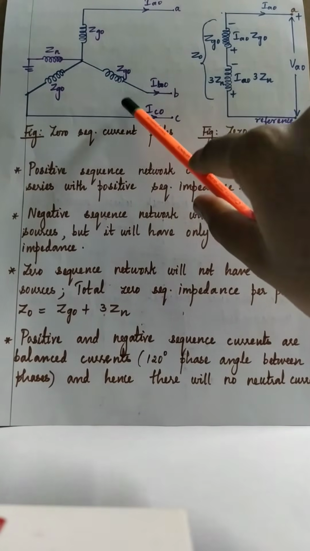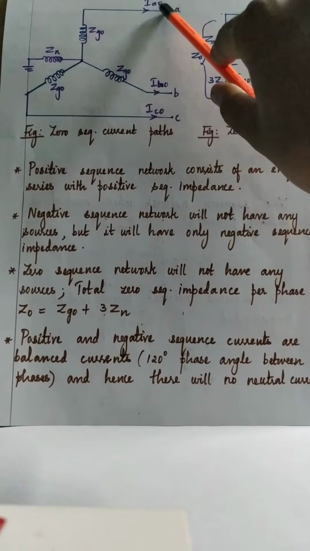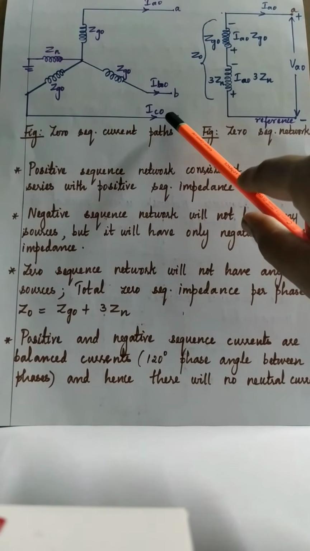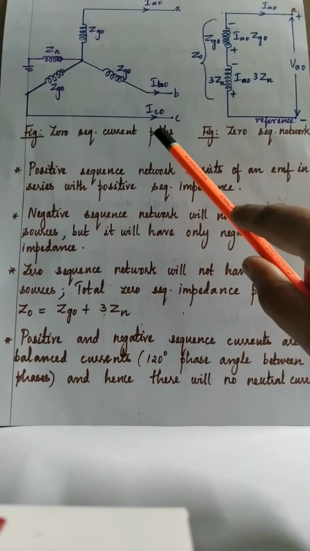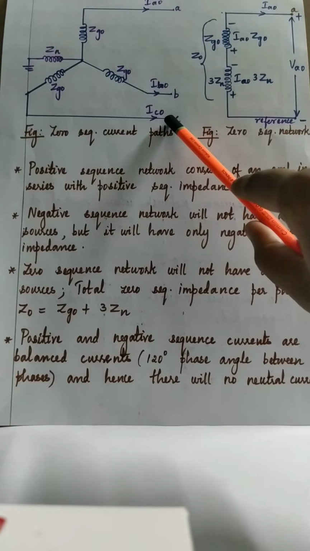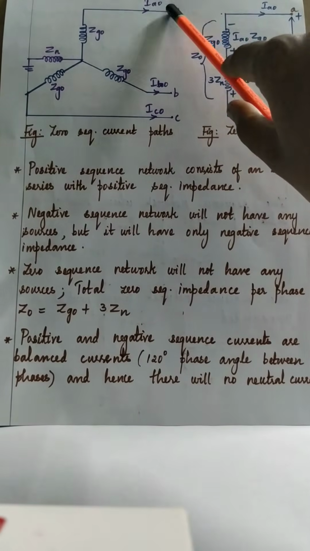And coming to the zero sequence, we know zero sequence components IA0, IB0, IC0 will have the same magnitude, but they don't have a 120 degree phase relation. All the three will be in parallel. So IB0 will be equal to IA0, IC0 will be equal to IA0.